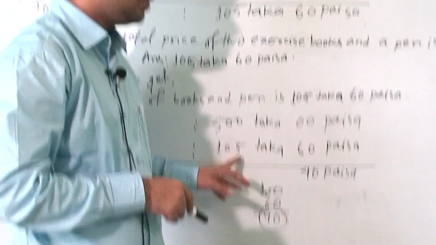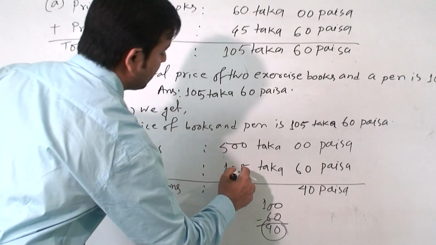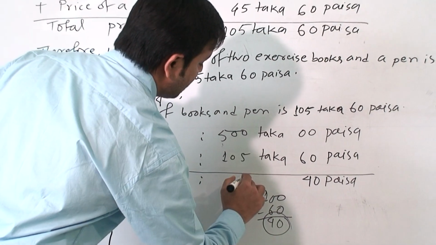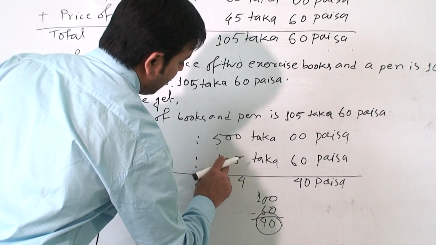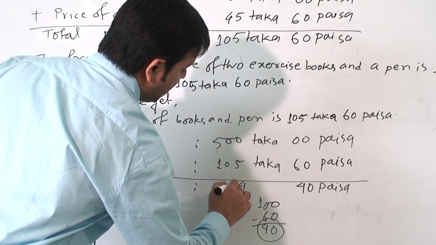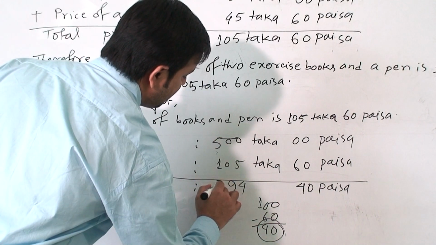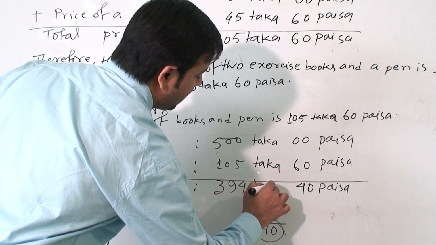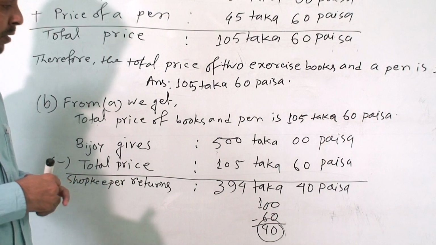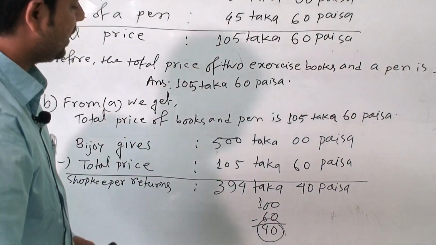So this will be now 6. If we subtract 6 from 10, we will get 4, and then 1 from 10 we will get 9, and then 2 from 5 we will get 3. 394 taka 40 paisa.